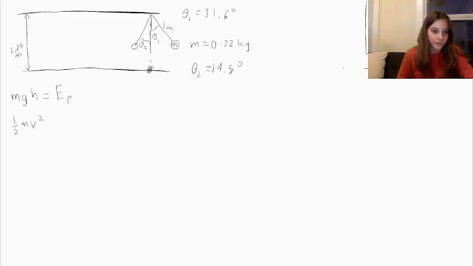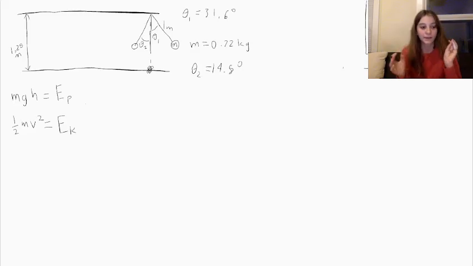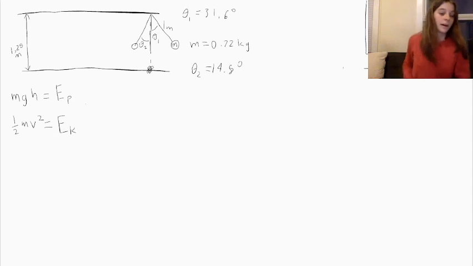For gravitational potential energy, m was mass, g was the gravity of Earth, and h is the height. For kinetic energy, it's mass and velocity. At any point in time, you add up the gravitational potential energy and the kinetic energy, and it should be the same no matter what point in time you're at.